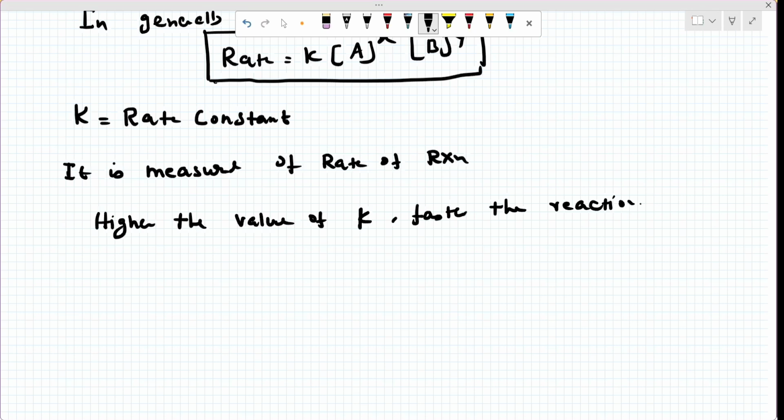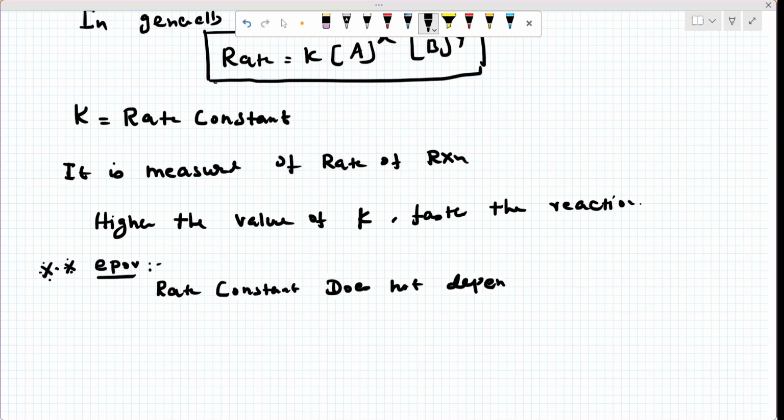Now this is a very, very important place from the exam point of view. Please note: the rate constant does not depend upon concentration.